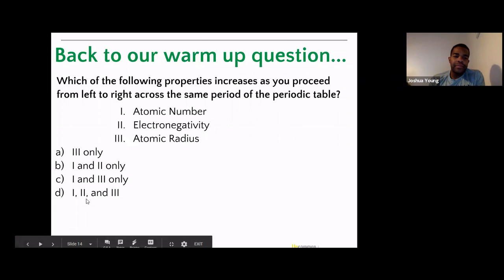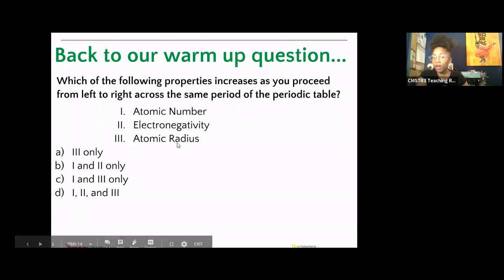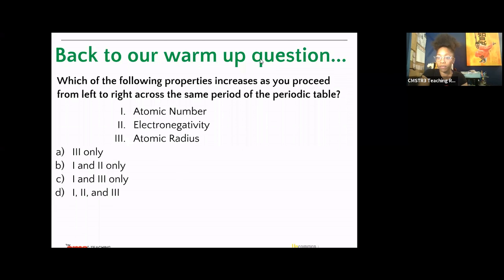C and D. If we know that atomic radius decreases as you move from left to right, then the only answer that can work is B. The atomic number and the electronegativity will increase as you move from left to right. Cool?